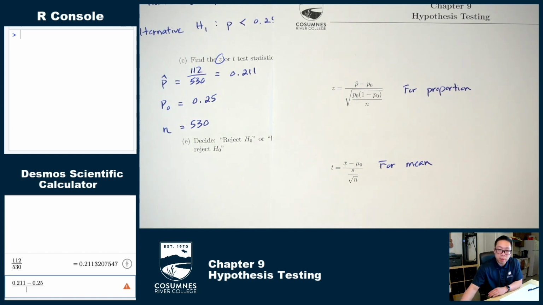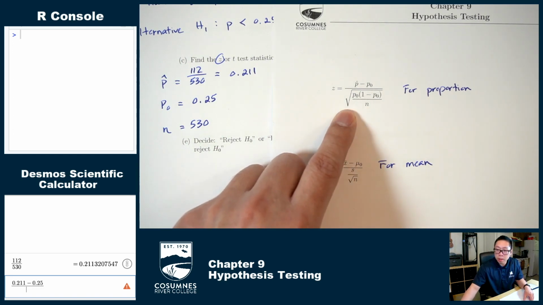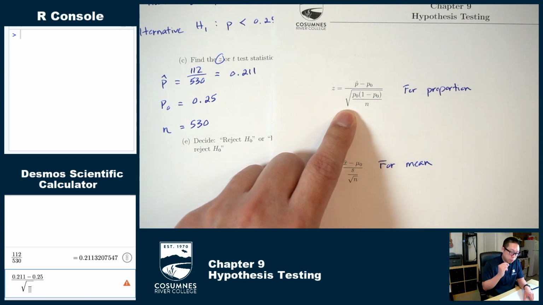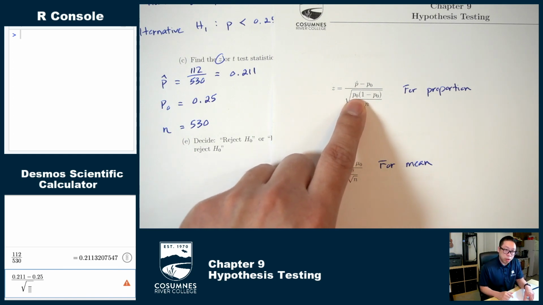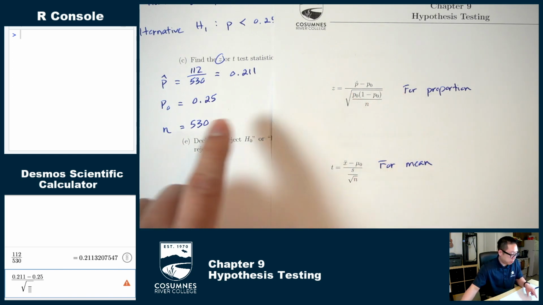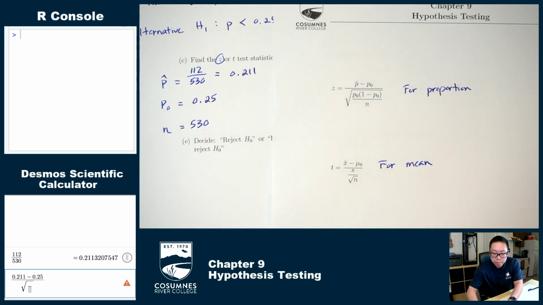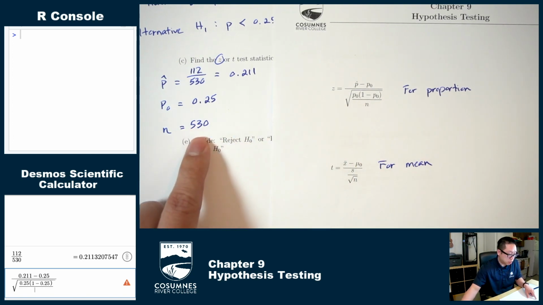On the bottom, square root, fraction, and that's just to ensure that the fraction is inside that square root. Inside the square root, up top, it's going to be P0, which is 0.25. Parentheses, 1 minus P0, which is 1 minus 0.25, close parentheses. On the bottom, it's N, which is 530.